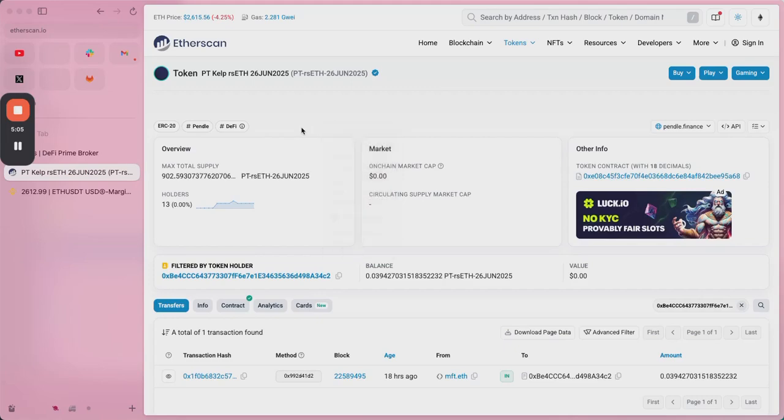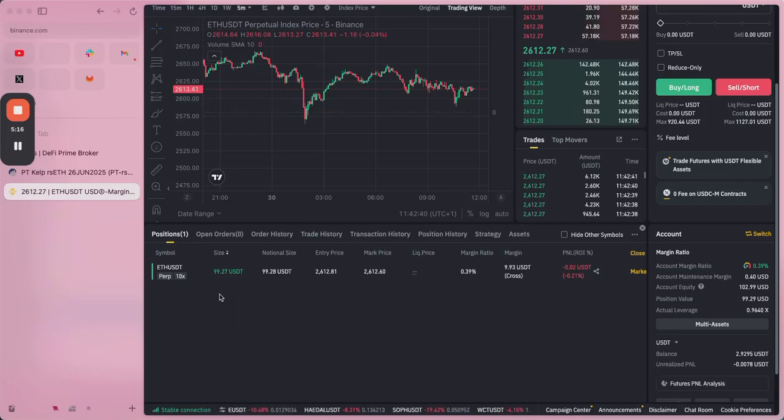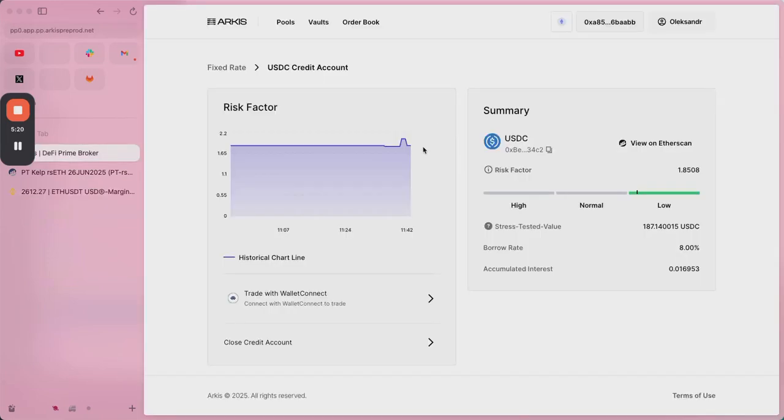So we'll have a double directional risk on both rsETH and a long position in ETH relative to USDC. We can now see that our risk factor is unchanged because our margin actually dropped. Because in this case, our position becomes double directional, and that is why our margin engine penalizes this directional exposure.